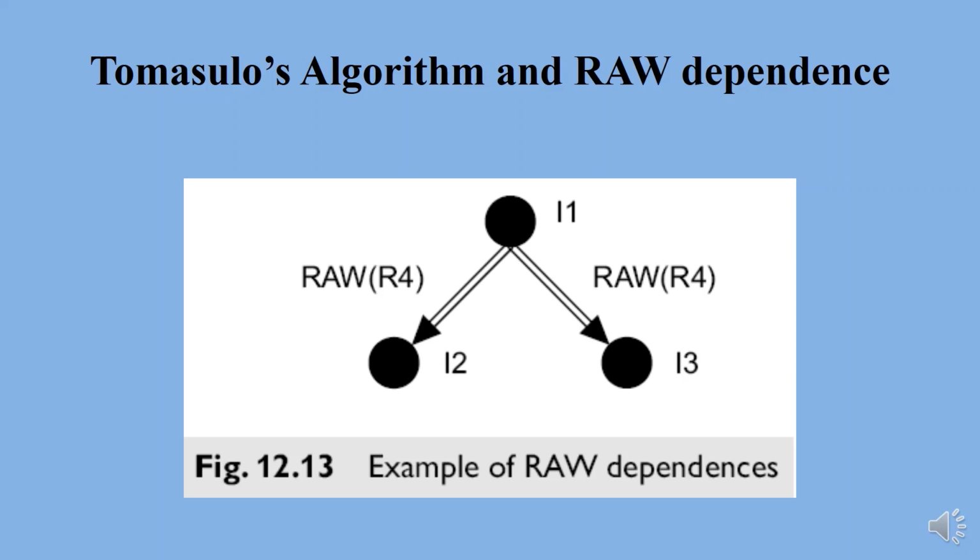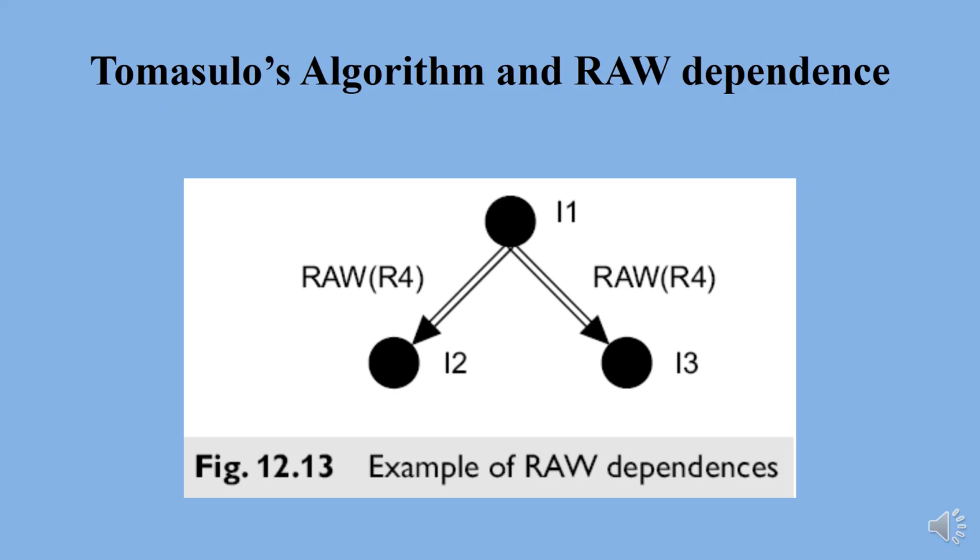See the figure, I2 and I3. Assume that the value in R4 is not available when I2 and I3 are issued. The reason could be, for example, that one of the operands needed for I1 is itself not available. Thus, we assume that I1 has not even started executing when I2 and I3 are issued.